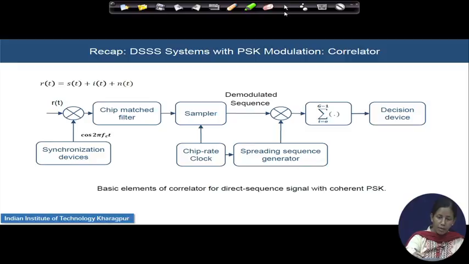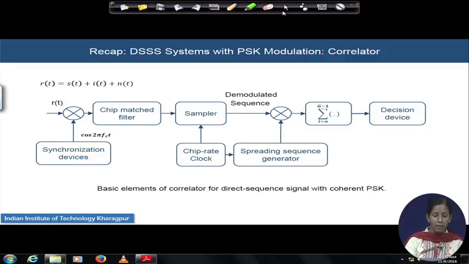Hope you will remember, I am repeating once again the block diagram architecture that we have learnt earlier for coherent PSK communication. r(t) was the received signal at the receiver front end. r(t) was modeled as the intended signal transmitted added with the interfering signal or the jamming signal, and the noise signal. So this combined signal of intended signal, interference as well as AWGN noise has entered into the front end of the receiver.